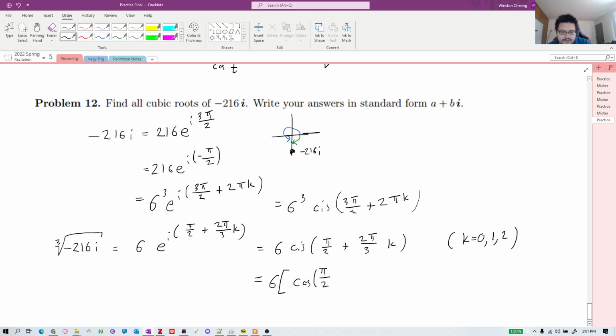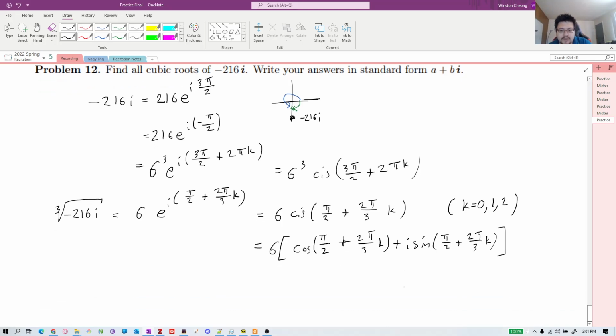Okay. So, expanding cis notation out, it's cosine of pi over 2 plus 2 pi over 3k, plus i sine of pi over 2 plus 2 pi over 3k. And then all of this is multiplied by 6.